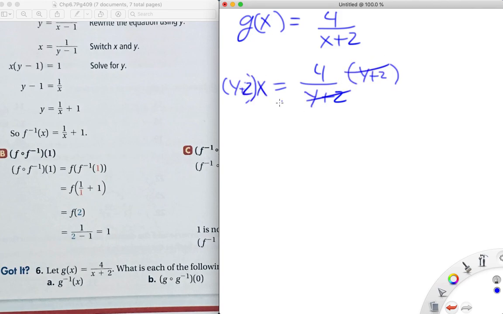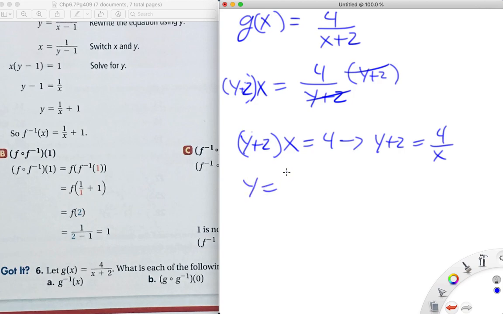So I have y plus 2, x equals 4. Then I divide both sides by x, and I get y plus 2 equals 4 over x, and then subtract 2. So y equals 4 over x minus 2.